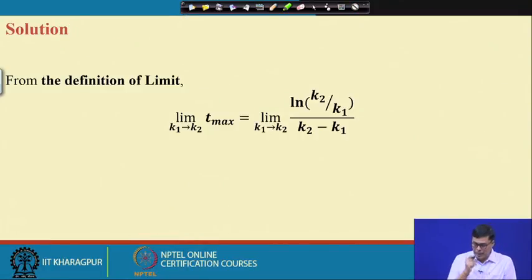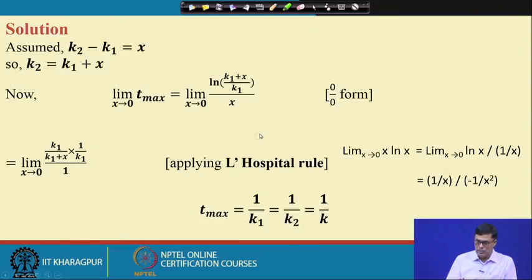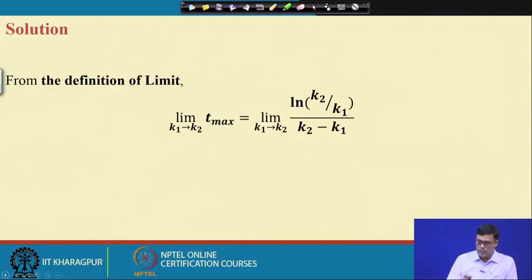Now, here if you put the limit, k1 tends to k2, for T max, then the limit of ln(k2/k1) over (k2 minus k1) is not exactly 0.